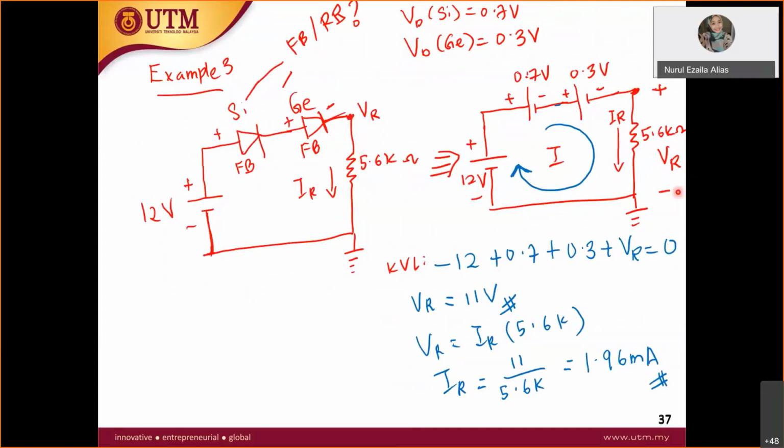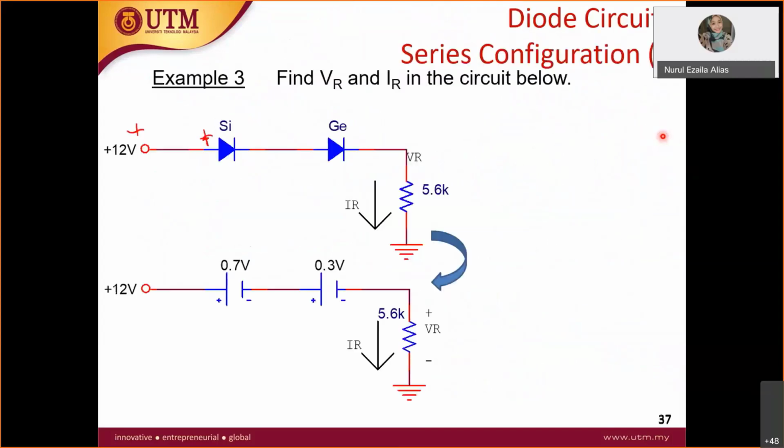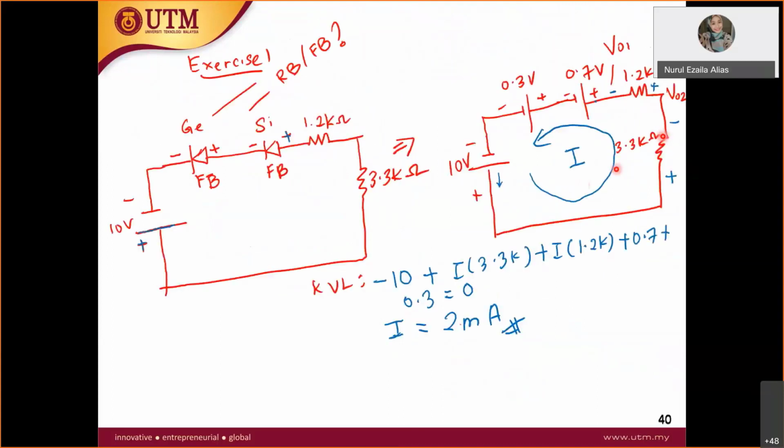So it will be multiplied with plus IR equals plus VR times 5.6K. However, for this one, as you can see, current is going in the opposite direction. So let's say for V02, this point is connected to the negative. So negative V02 equals current times 3.